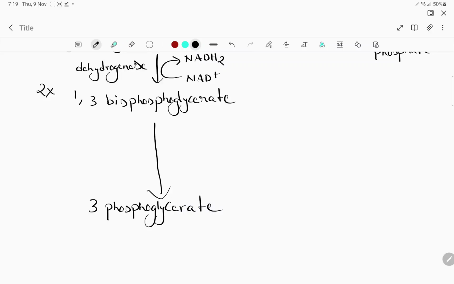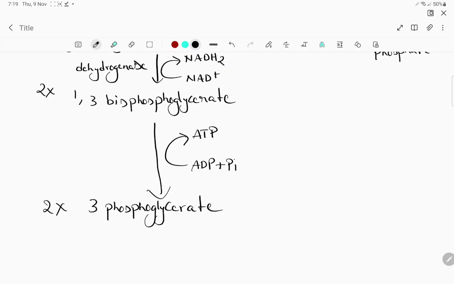Here actually 2 ATPs are produced from ADP plus Pi.